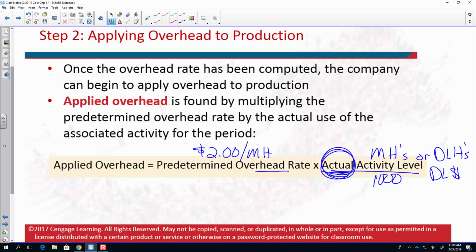I add it to my material, I add my labor, and guess what? I have a total cost. Once I have a total cost, what can I get? A unit cost, which then I can sell to you at a markup of what? Something. That's why we're using this predetermined rate. I'm not waiting for the utility bill, which will come in March, for February.